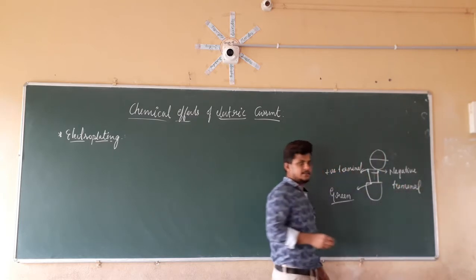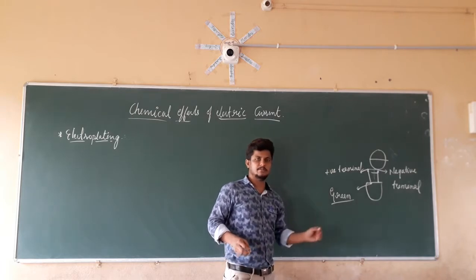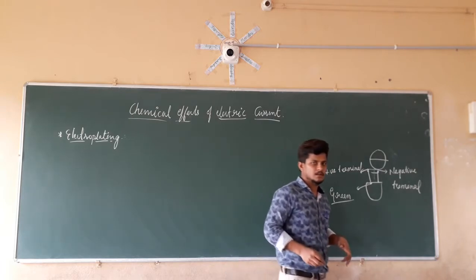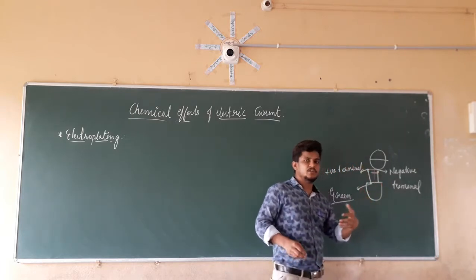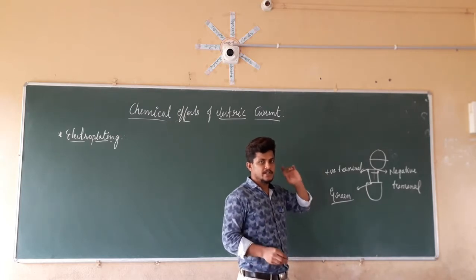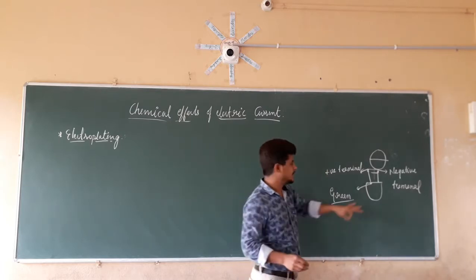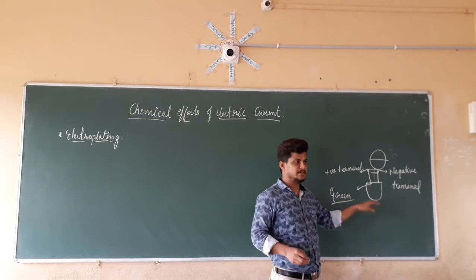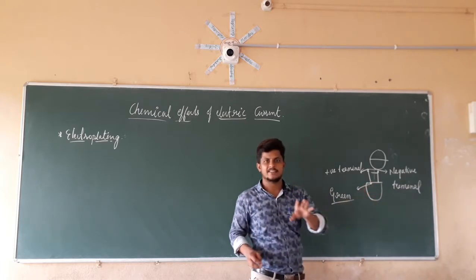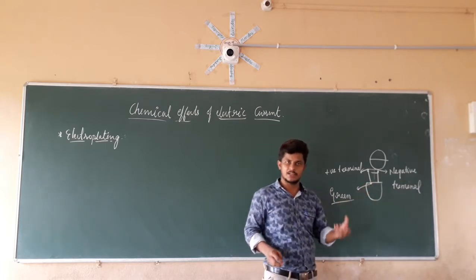A cell has a positive terminal as well as a negative terminal. So how do they identify the positive and negative terminal? They identify them by this experiment. By this experiment, we know how the cell has a positive terminal and a negative terminal.